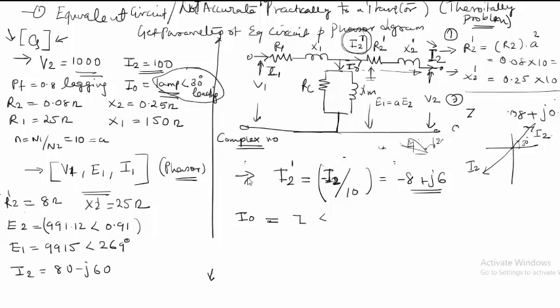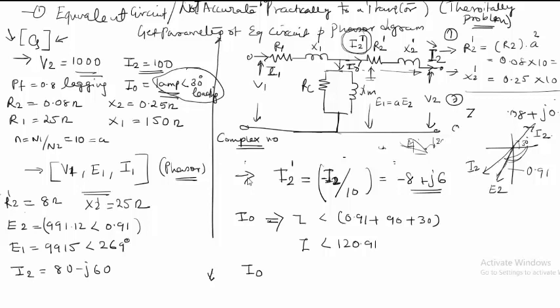The angle of I0 with your E2 will be 0.91 plus 90 plus 30. So your I0 will be equal to 1, making 120 degrees.